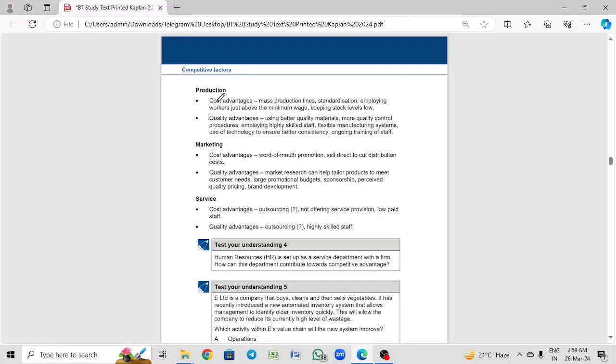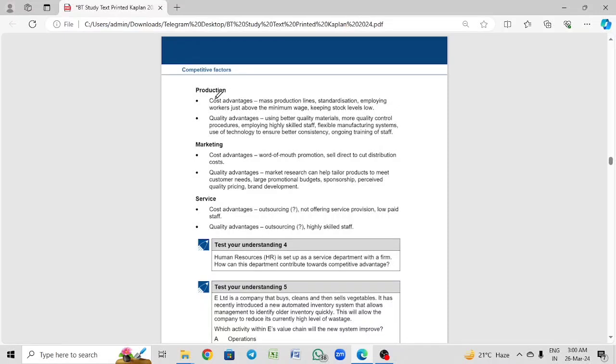So for example production, okay, if I'm able to reduce my cost, making me a cost leader, okay, I am keeping my wages low, okay, I am opting for more machine oriented production, okay, so this will reduce my labor cost, it will increase my profit margins, okay, and it will enable me to sell my product at lower prices than the competitors, again making me a cost leader.